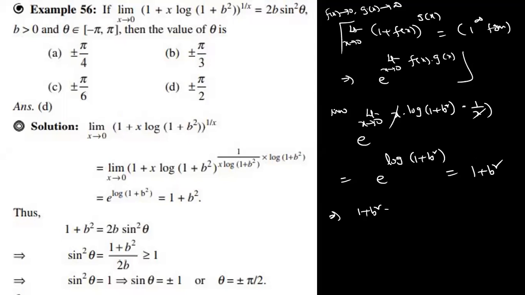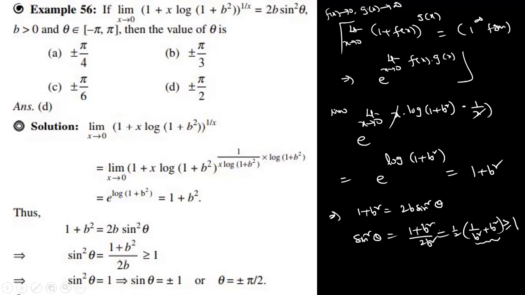But this value is equal to what here? 1 plus b square is equal to 2b sine square theta. So sine square theta is 1 plus b square by 2b square. How? This value is always greater than or equal to 1. Otherwise, I will write one more step: 1 by b square plus b square is always greater than or equal to 2, but into 1 by 2, that's why greater than or equal to 1, using AM greater than or equal to GM, arithmetic mean greater than or equal to geometric mean.